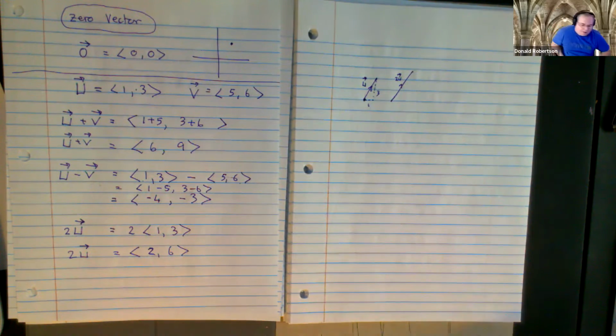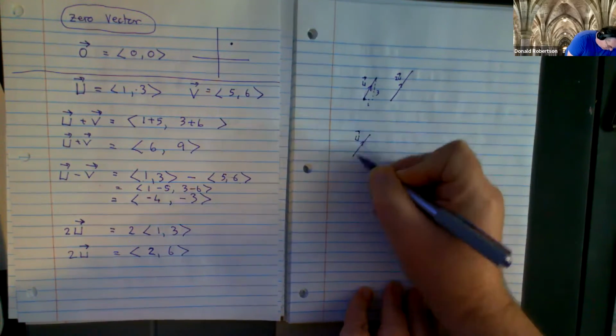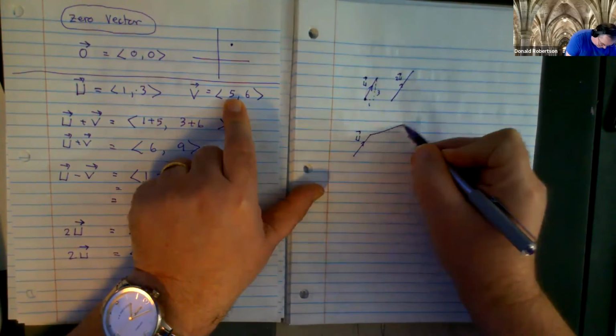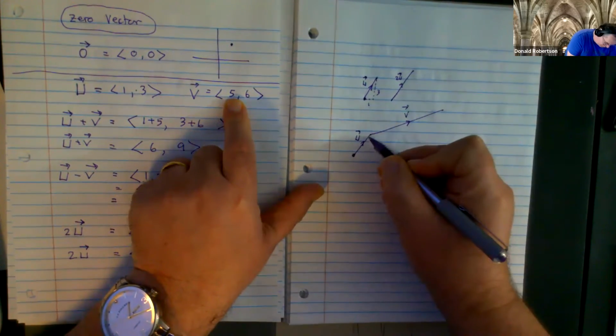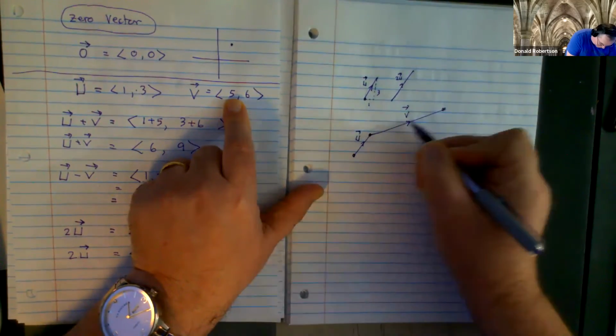Right? Now, if you take a vector u, which is this one, and you add the vector v, which is like this one. So you do the vector u, and then when u's finished, you add on top of it the vector v.